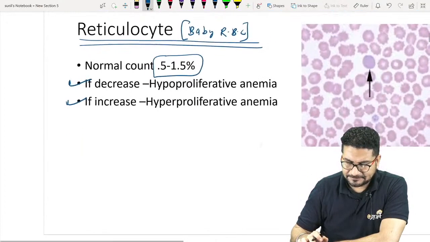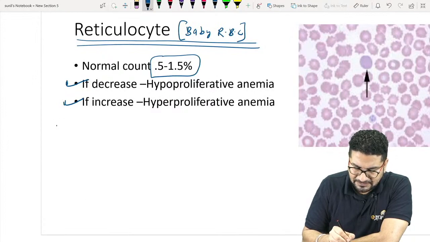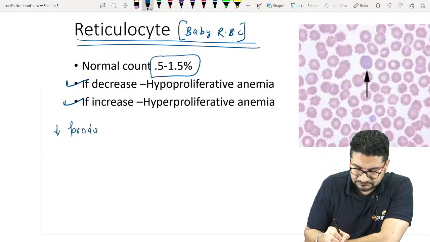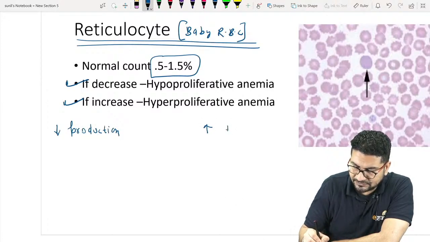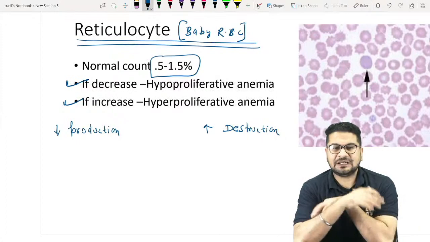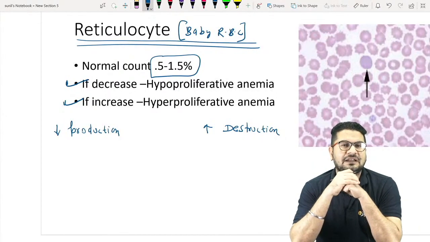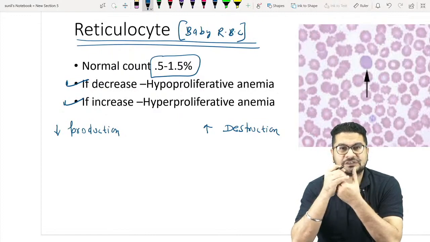Understand this concept. We have anemia due to decreased production and anemia due to increased destruction. So normocytic anemia we can divide into 2 categories: anemia that occurs due to decreased production of RBC, and anemia that occurs due to increased destruction.